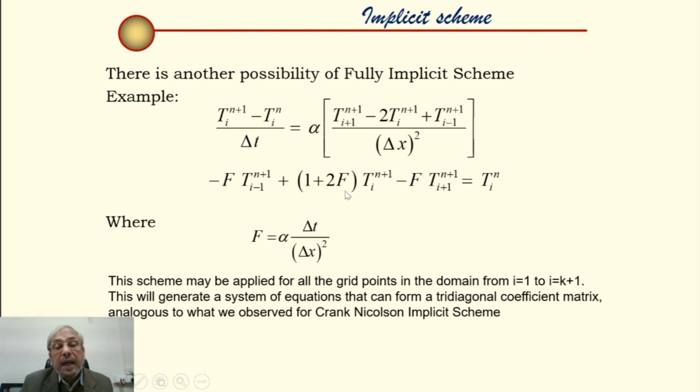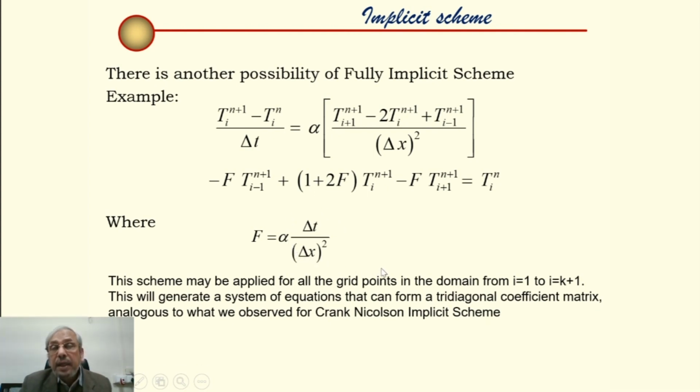So here, instead of writing alpha delta t by delta x square, we have written f. There is a reason, because although r is a general term, we have written alpha delta t by delta x square for the Crank-Nicolson scheme. Here we have given a special nomenclature f, because this term can be called the grid Fourier number.